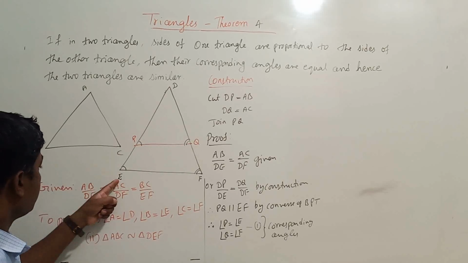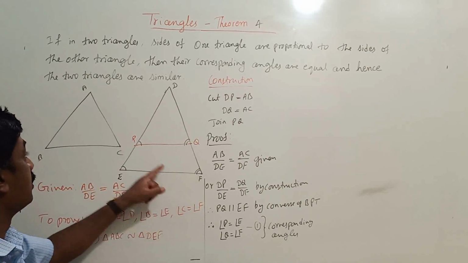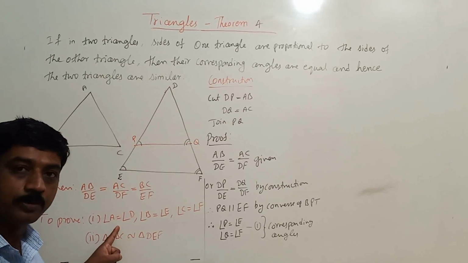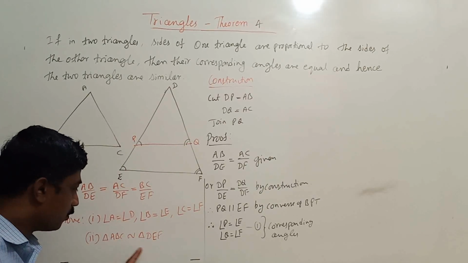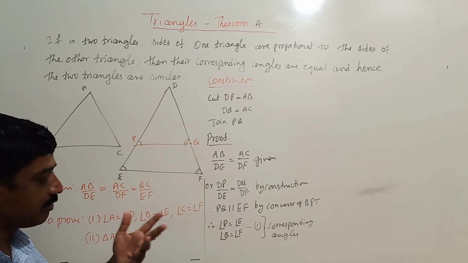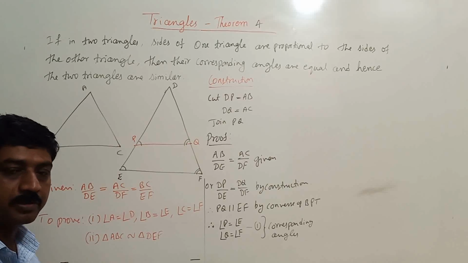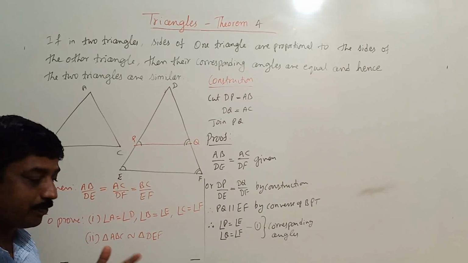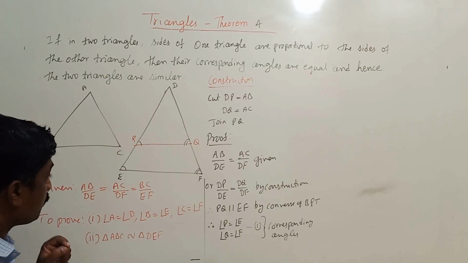And when the two sets of corresponding angles are equal, the third set is automatically equal. Proved. So when this is done, then both the triangles are similar by AAA similarity criteria. Simple. So they gave you SSS and we proved by AAA. That's it here. Understand? So let us proceed.